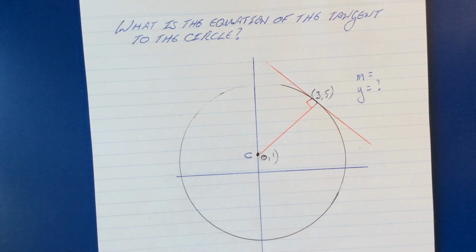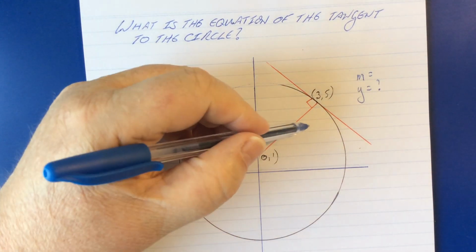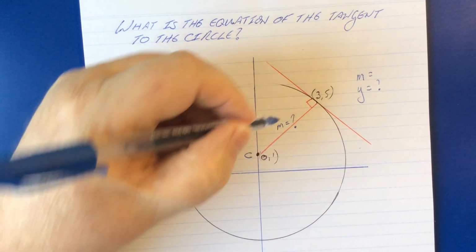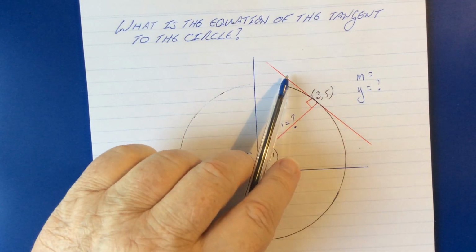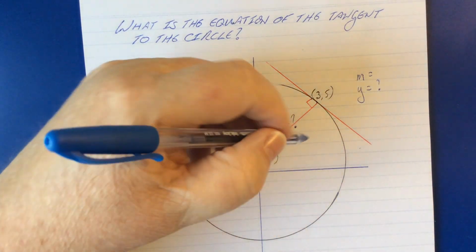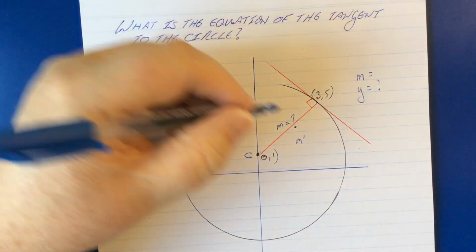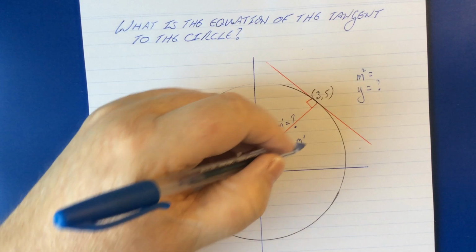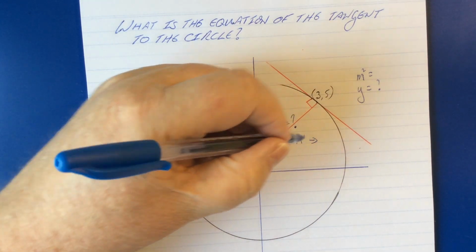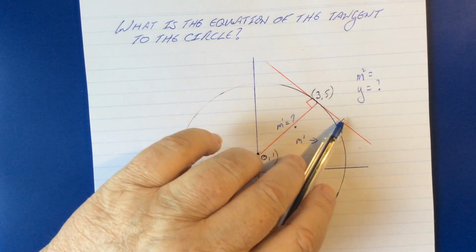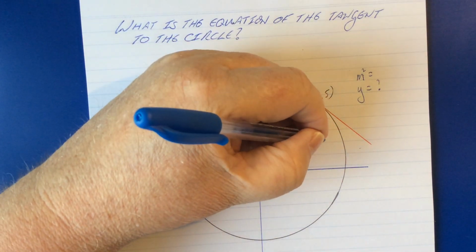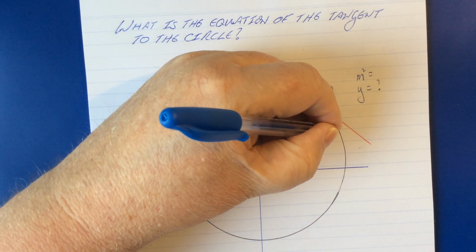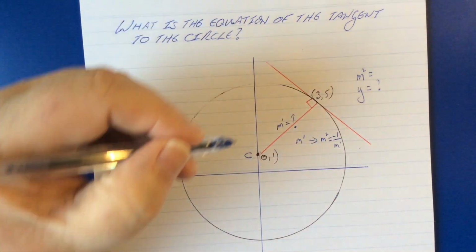Now, if that's a right angle, and I can establish the gradient of this, then the gradient of this will be, if we call the first gradient, this one, m1, and the gradient of this m2, then when you have a 90-degree angle, when this is perpendicular, m2 is equal to -1 over m1.